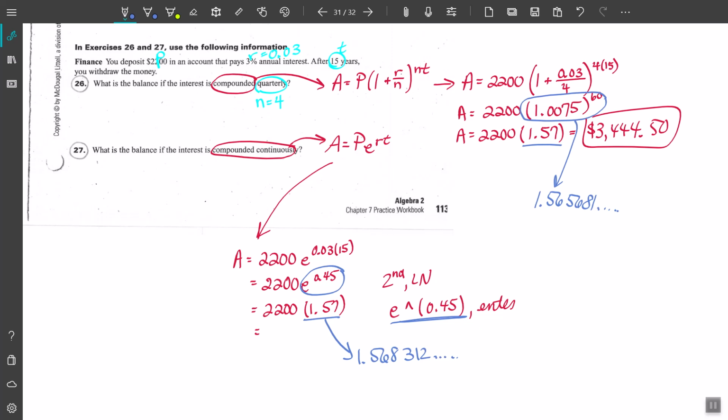Don't clear the calculator or anything out. Just let it take that unrounded number and multiply by 2200. Now I get $3,450.29. So you can see the difference there. It's roughly, what is that, $6 difference between the two figures.